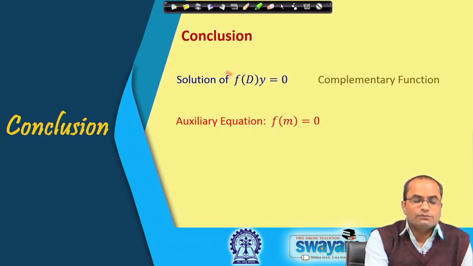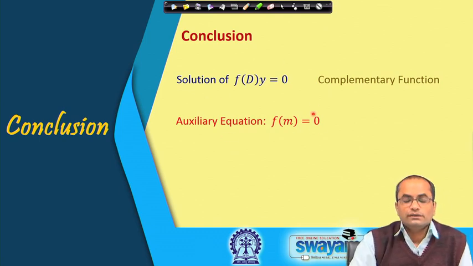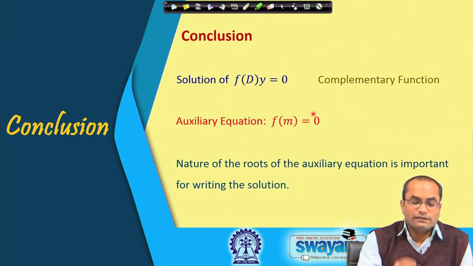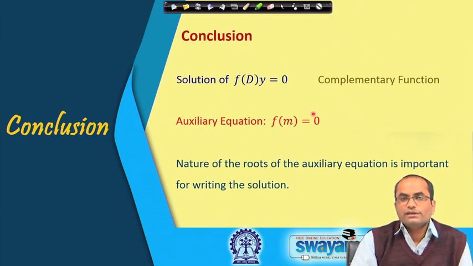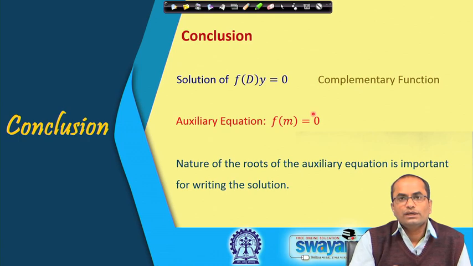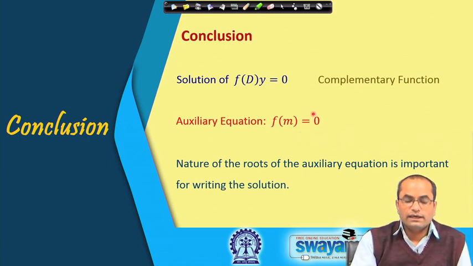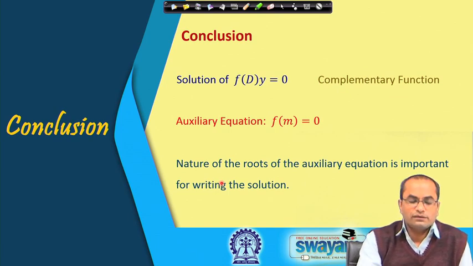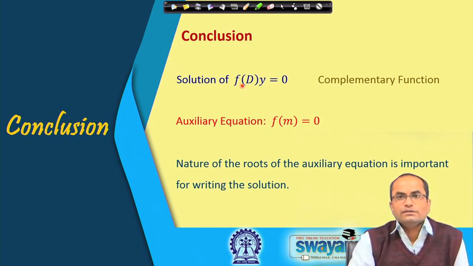So, the crucial part was that first we write down the auxiliary equation and find its roots, and the nature of the roots of the auxiliary equation, whether real distinct, real repeated, complex or complex repeated roots, is important for writing the solution, and in each case we now know how to write the solution of the given homogeneous differential equation.